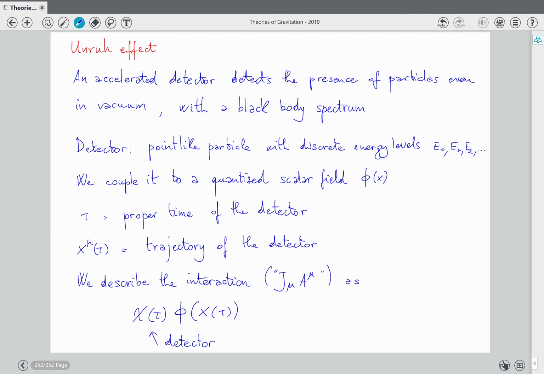And okay, the detector is a field, but there will be also a function in front, which we call C of tau, which will be the switch to switch on and switch off the interaction.